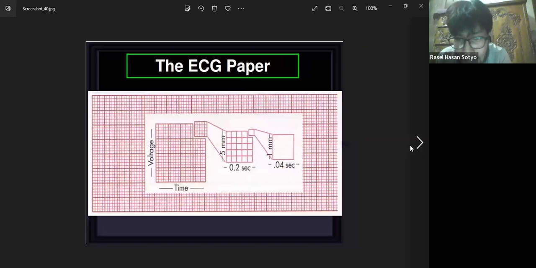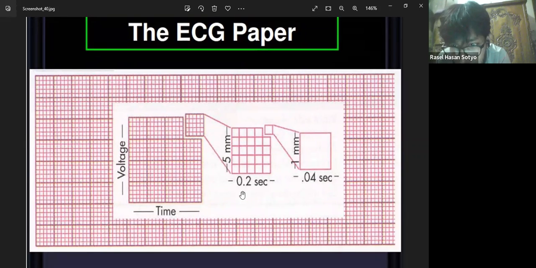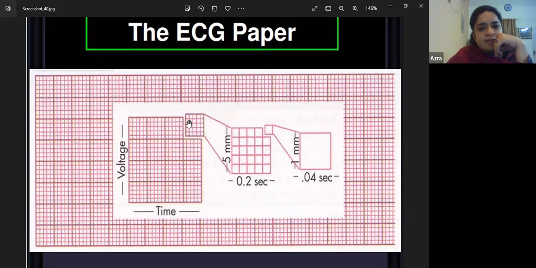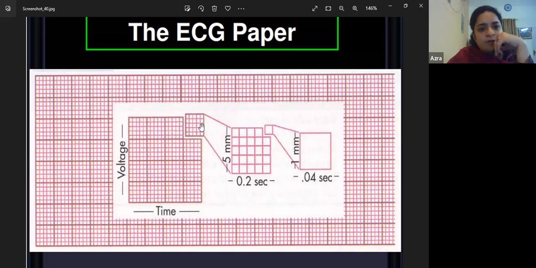Now come to the point. Look, this is the same thing. This one is voltage and this one is time, as I told you before. This is a short one, 5 mm. They are taking out one box: 1, 2, 3, 4, 5 horizontally, and 1, 2, 3, 4, 5 vertically.